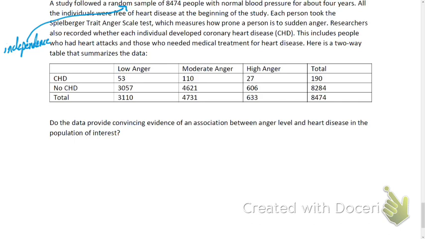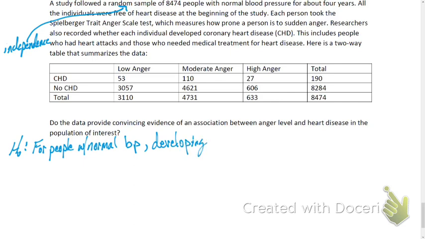All right. All right, HO for people with normal BP, blood pressure, developing heart disease, and level of anger are independent.